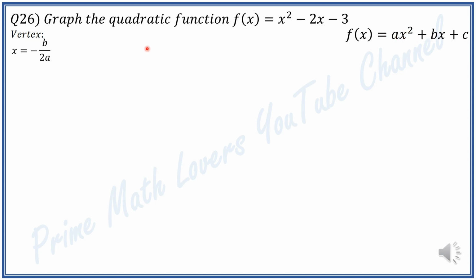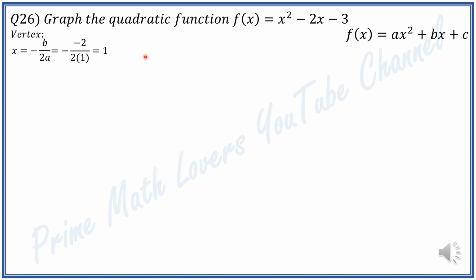So in our function, b is -2 and a is 1. So negative negative 2 over 2 times 1. The negatives cancel, so 2 divided by 2 is 1. So x for the vertex is 1.